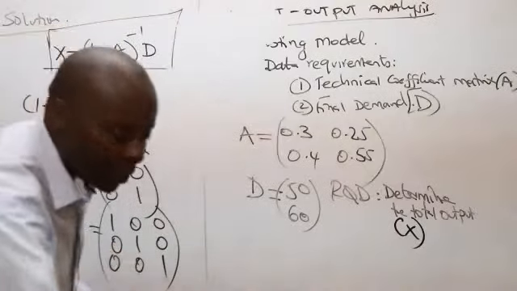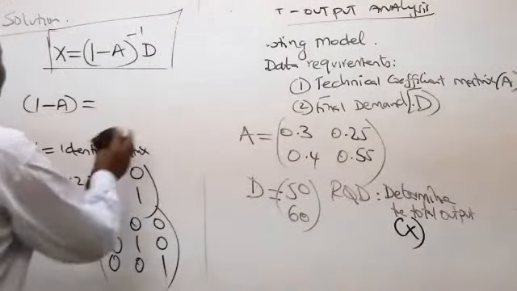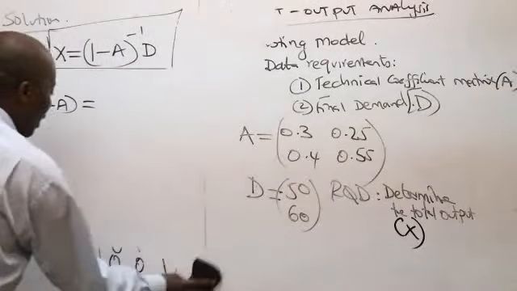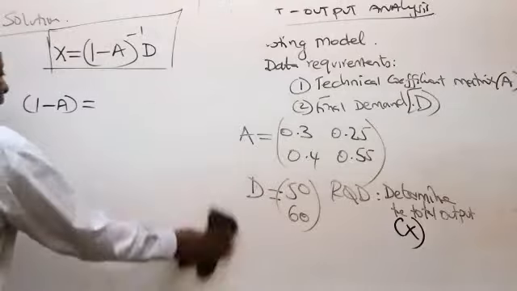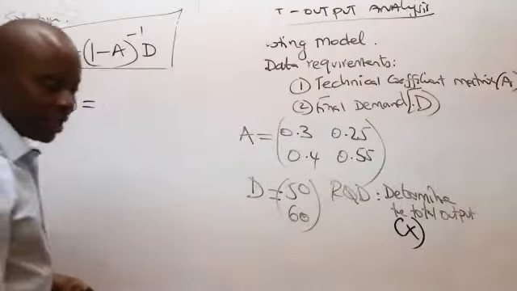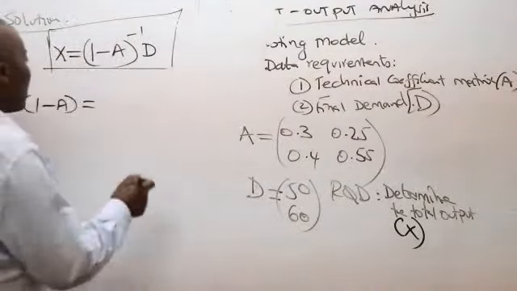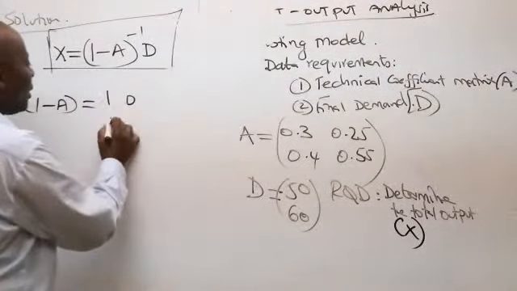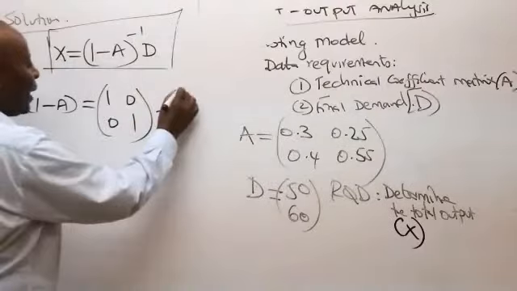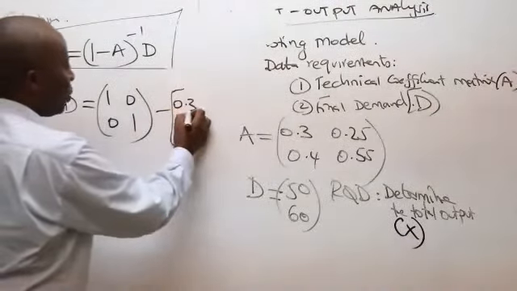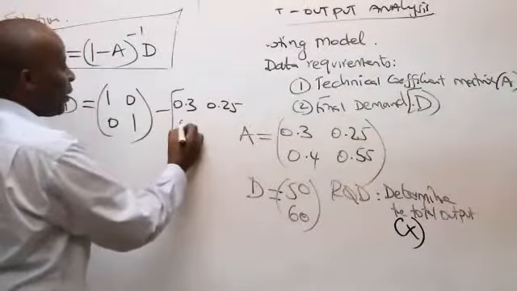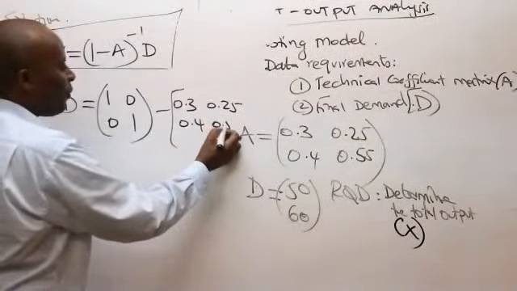So what I'll do, ladies and gentlemen, I'll come and see here, I minus A, and I can see what really my I is. My I is 1, 0, 0, 1, like that. Minus A, which is 0.3, 0.25, 0.4, 0.55.